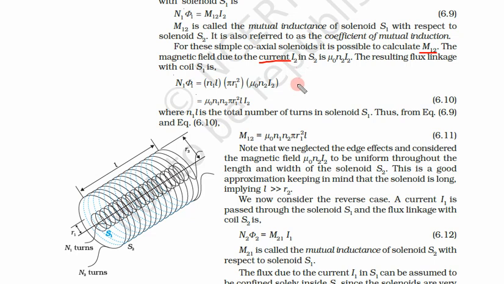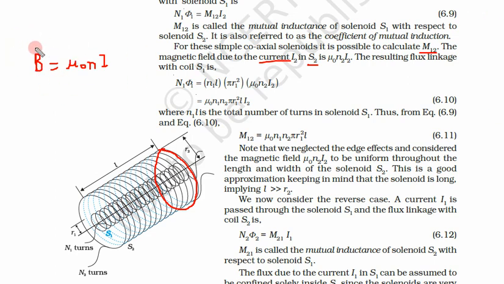So we are calculating the magnetic field due to current I2 in solenoid 2, because current I2 is going through this bigger solenoid. So what is magnetic field? B0 is equal to mu 0 N i. Since there is no material, let us write simply B.